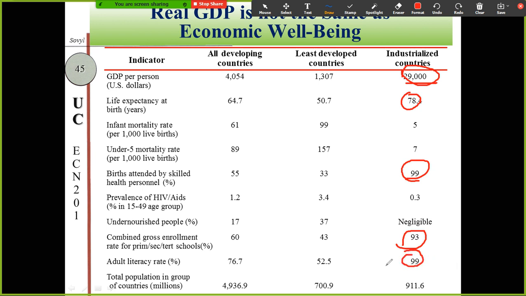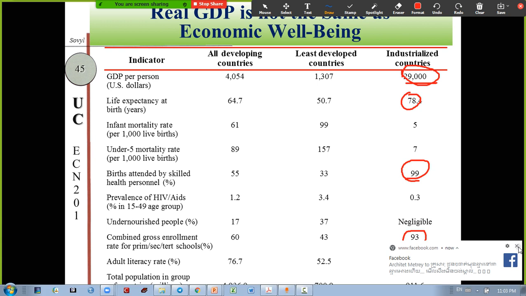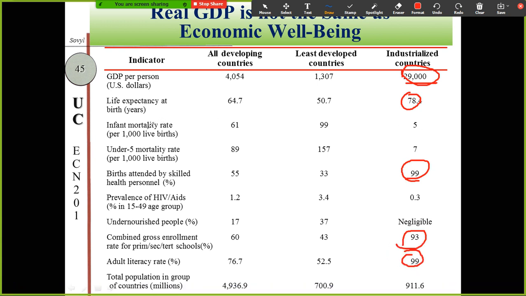But in terms of negative indicators, such as deaths, rich countries tend to have less. Okay, you can see it on your own.